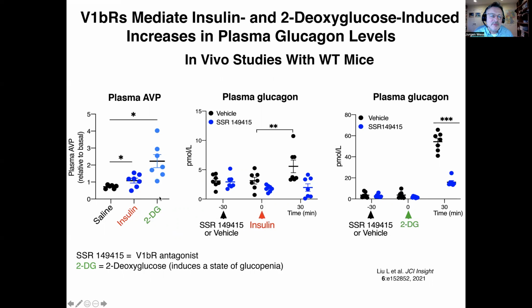And the same was true when we injected wild-type mice with 2-deoxyglucose, or short 2-DG. This is a glucose anti-metabolite which mimics a state of glucose deficiency or glucopenia. Again, this 2-DG caused a pronounced increase in plasma AVP.